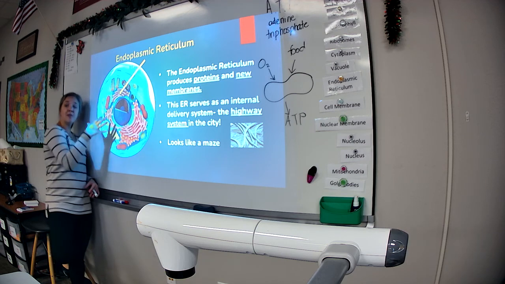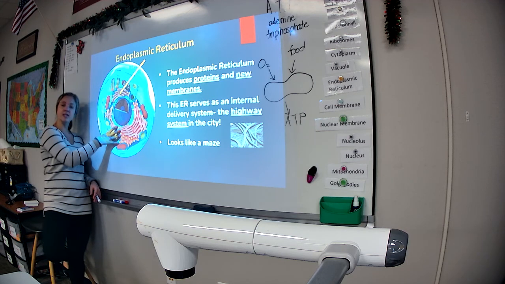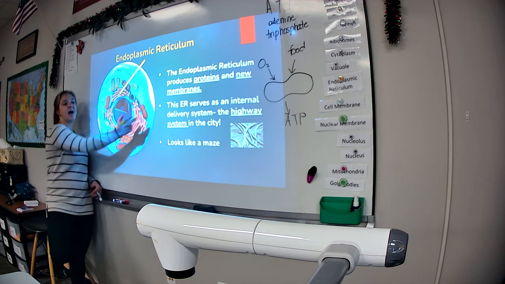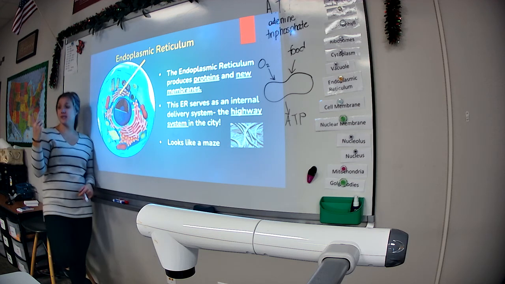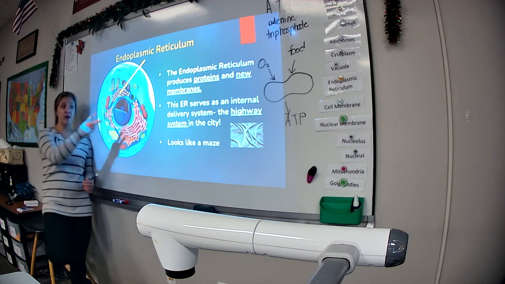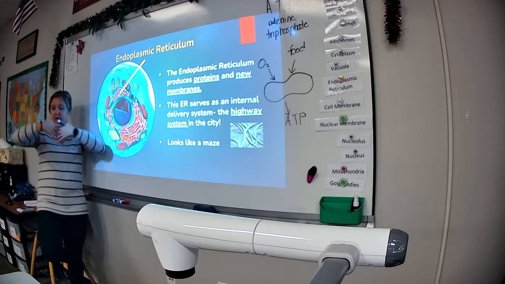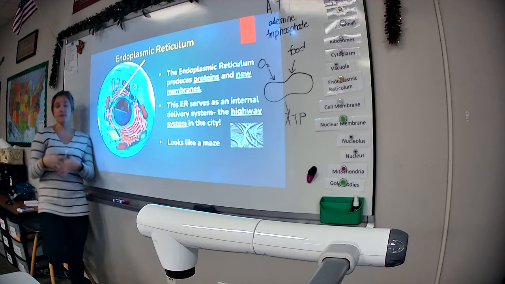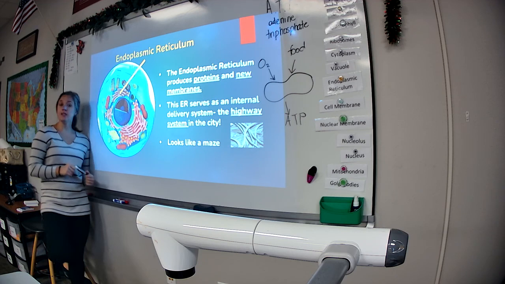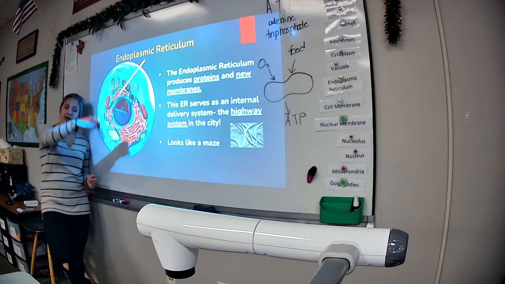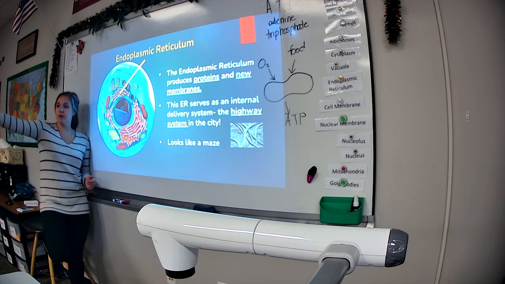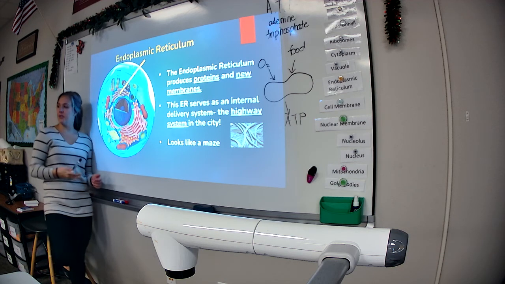Because the ER delivers the proteins, we say that they're kind of like the highway system in the city for two reasons. First of all, if you look at highways from above, they look like a big maze. Secondly, if you want to deliver something in a city, you put it on a truck, it gets on the highway and drives to wherever it needs to go. It's a fast way to get from one place to the other.